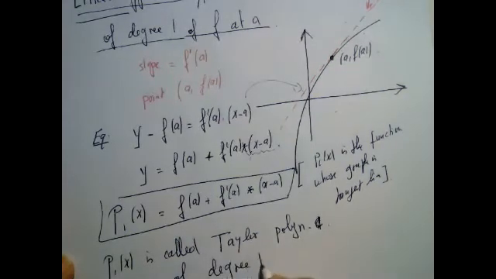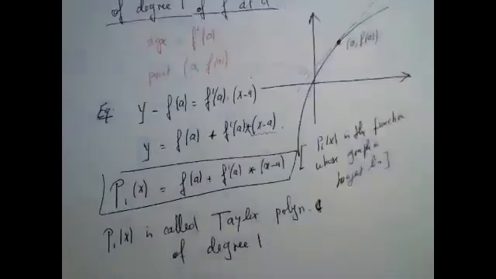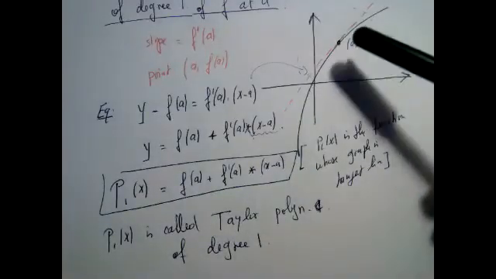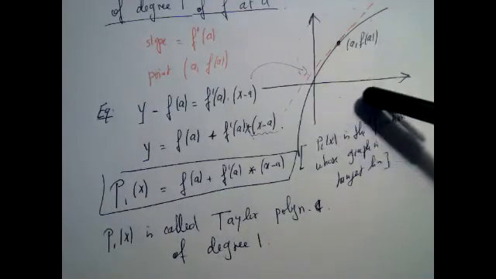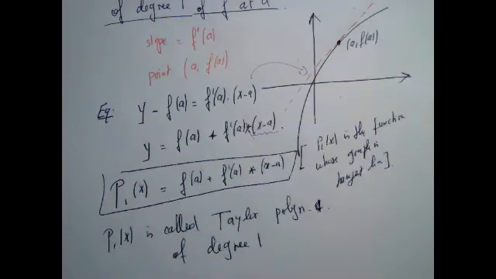That's a polynomial basically that's going to approximate the function locally near the point A, f of A.